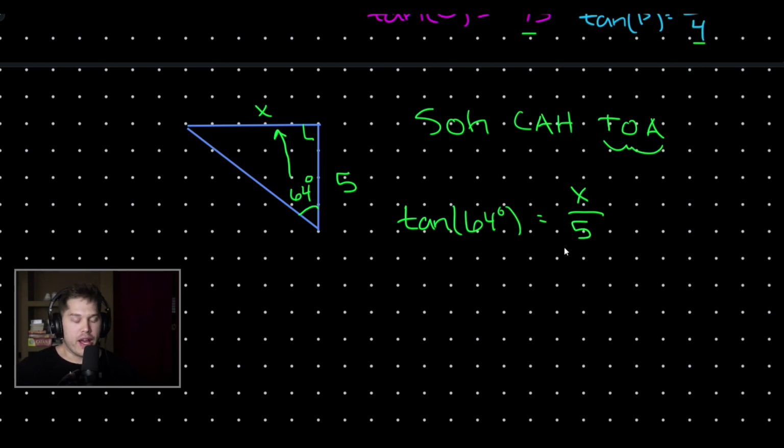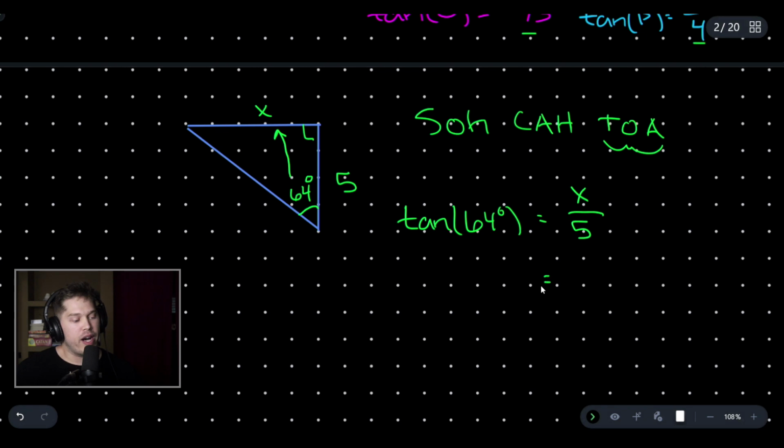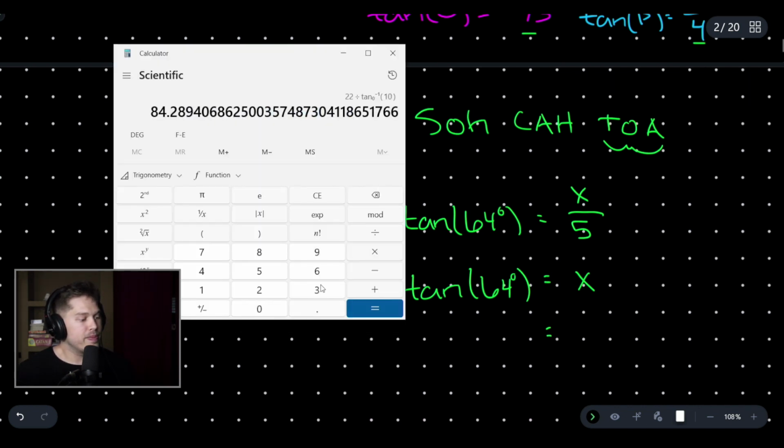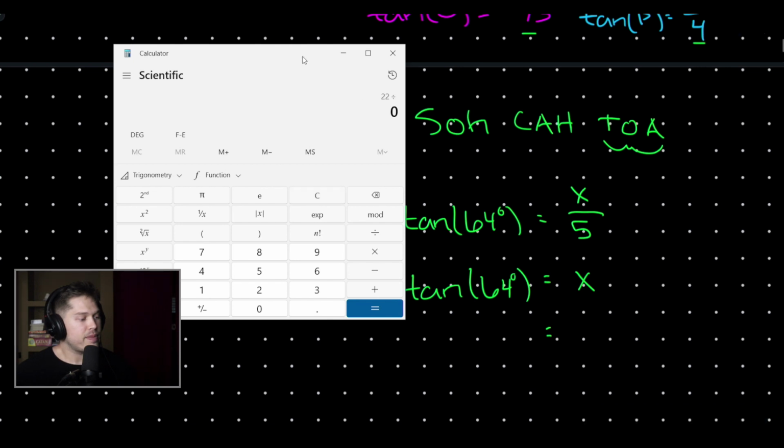Now we need to solve for x. We can multiply both sides by 5 and have 5 times the tangent of 64 degrees is equal to x. Now we can pull out our calculator to solve this problem. Let's clear it out.